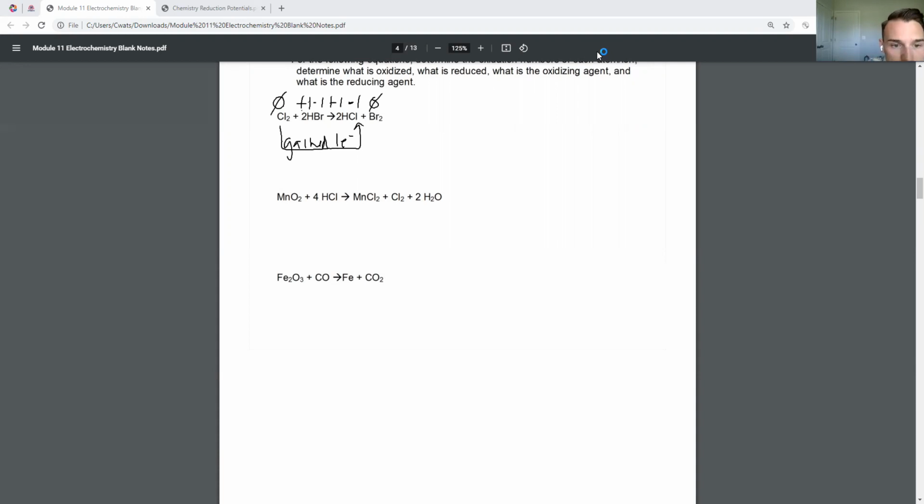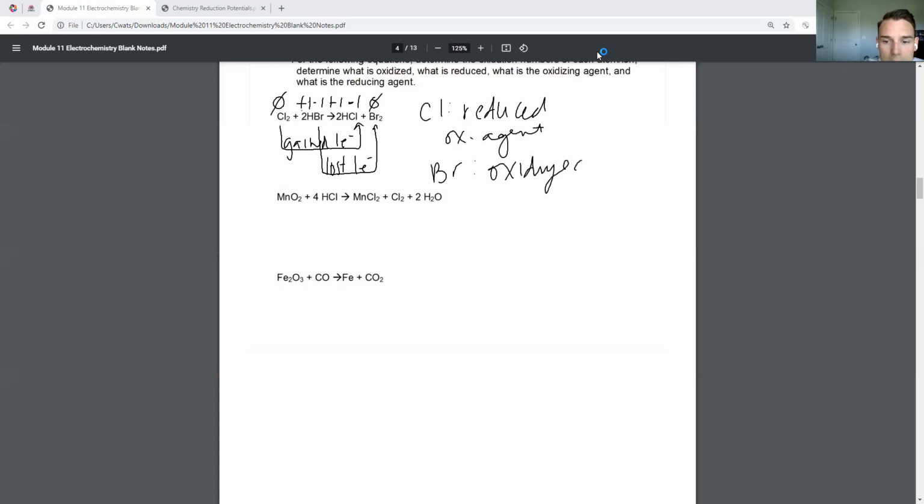The bromine went from a -1 to a 0, so it lost 1 electron. So the chlorine was reduced because it gained electrons, which makes it the oxidizing agent. Bromine was oxidized, which makes it the reducing agent.